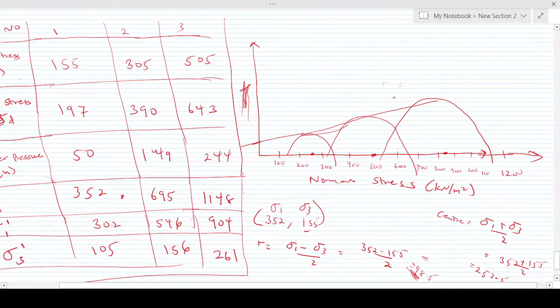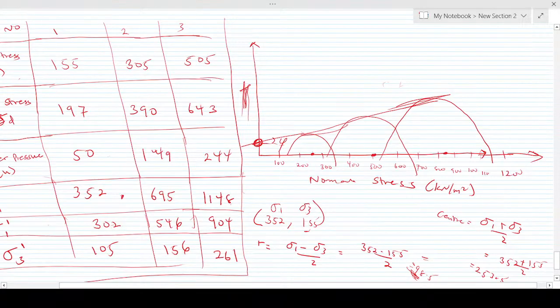So when you do that, you are going to know whether it's going to pass through the origin or intercept. So again, if you are asked to find the C and your phi, your effective shear stress parameters, you read the value here as your C, then you find your angle as your phi. You get me? But when it passes through the origin, meaning that your C is going to be what? 0. So this is for the total stress.